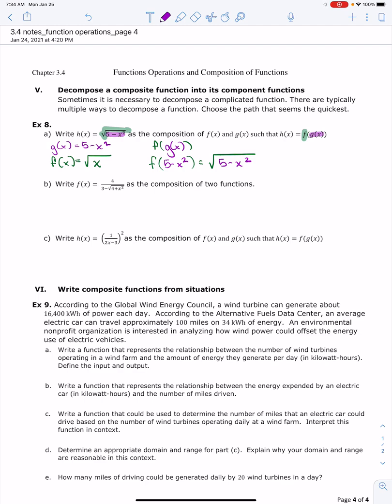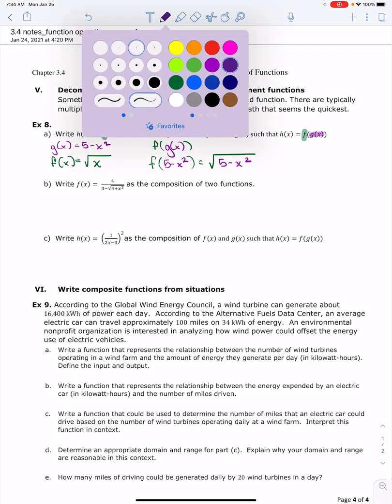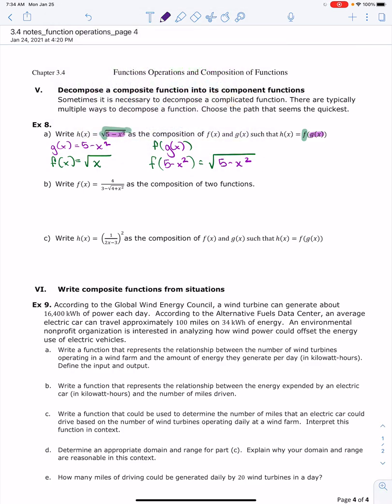Okay. B asks for f of x equal 4 over 3 minus the square root of 4 plus x squared. Really could do this a couple of different ways. So I am going to write this as, let's see, we're calling this one f of x. So we need an h of g of x.